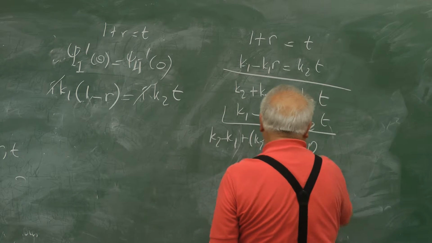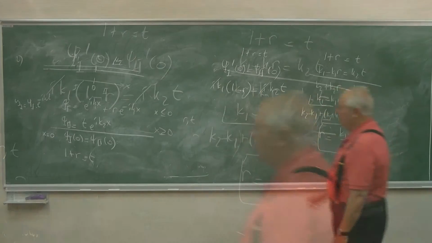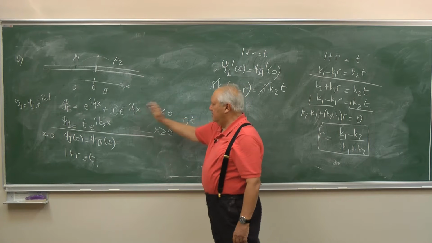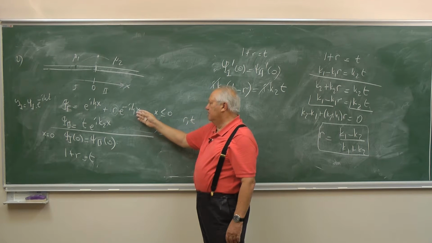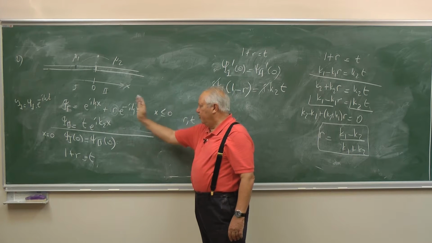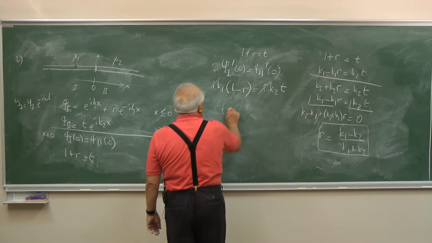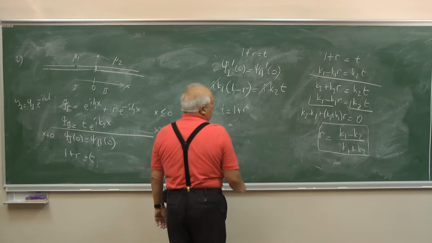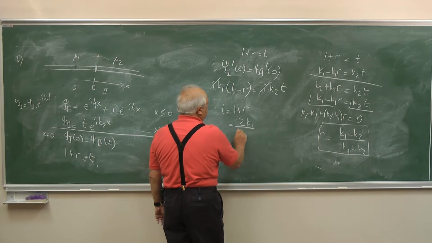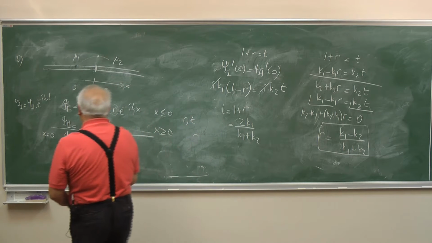So we found the reflection amplitude, the coefficient in front of e to the minus i k1 x, the coefficient in front of the wave of unit strength that is moving to the left. So t is equal to 1 plus r, which is 2 k1 over (k1 plus k2). So we found these coefficients.